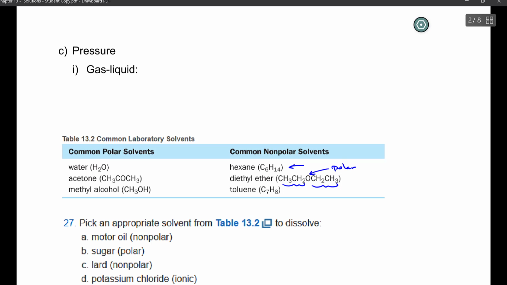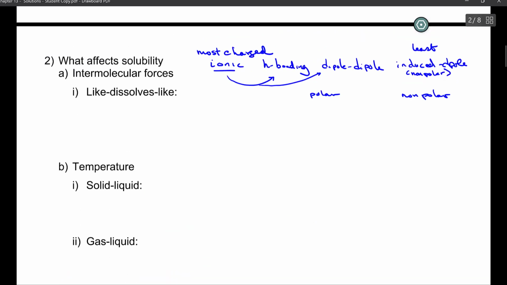These kinds of molecules tend to be mostly nonpolar, so we consider them to be nonpolar solvents, and they tend not to dissolve things that are more polar. So like dissolves like refers to the intermolecular forces, and then we can break it down into ionic kind of forces, hydrogen bonding, dipole-dipole, and things that lack dipoles or that have induced dipoles.